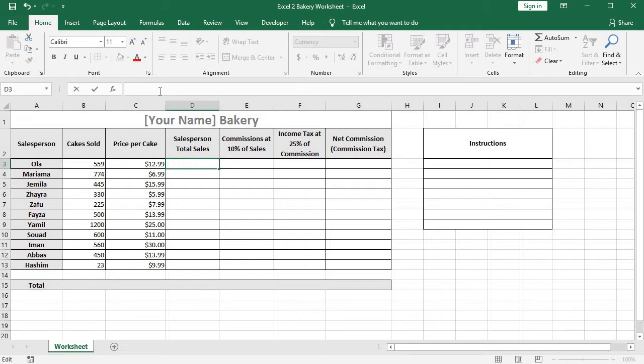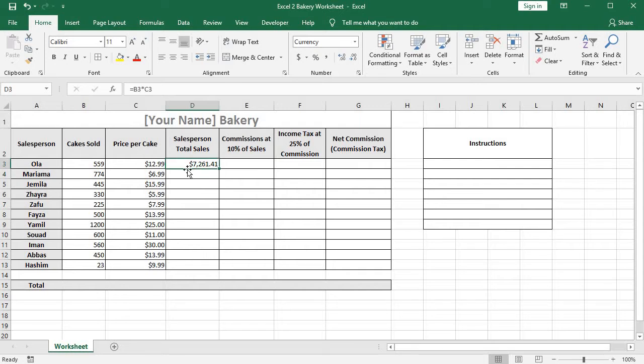So what we can do is press equals and then the cell, so that's B3, and you can see here it's highlighted, times C3. So these two are highlighted here, and this is going to be the result, 7,261.